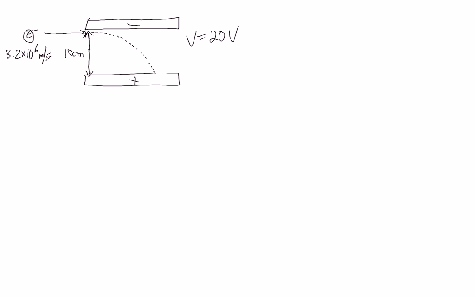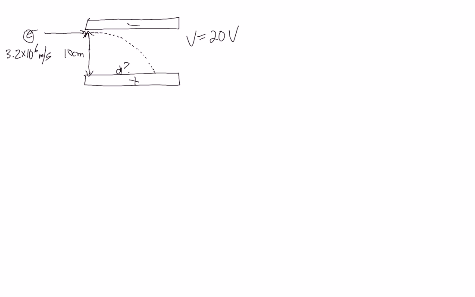Let's look for a horizontal distance. How far will that electron go horizontally before it crashes into the positive plate? You can see it's basically a projectile question like we did in Physics 20. We know our voltage, so that's the first part. The only thing we need to figure out is, we've got our horizontal velocity, so that's good. We're looking for horizontal distance, so that's good.